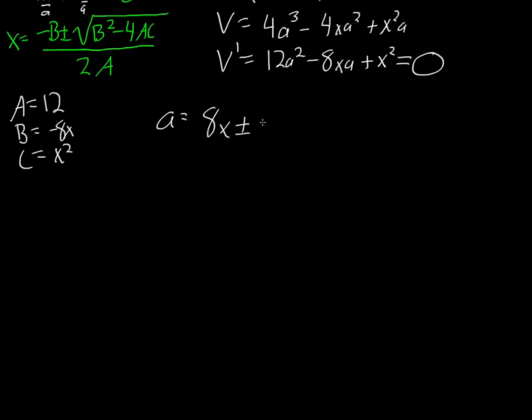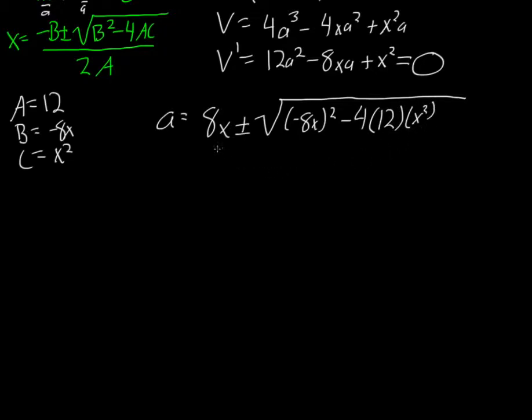8x plus or minus the square root of negative 8x squared minus 4 times 12 times x squared, all over 2 times 12.